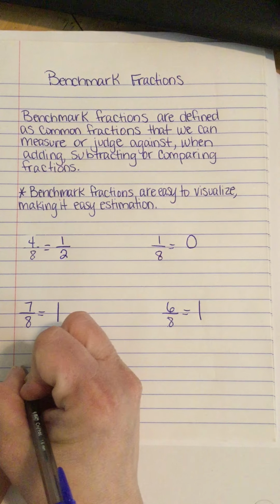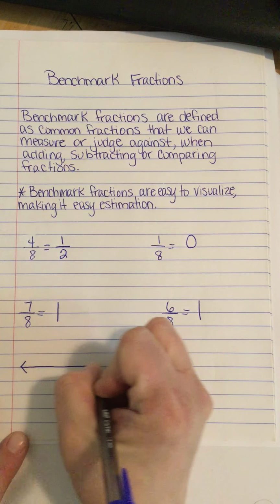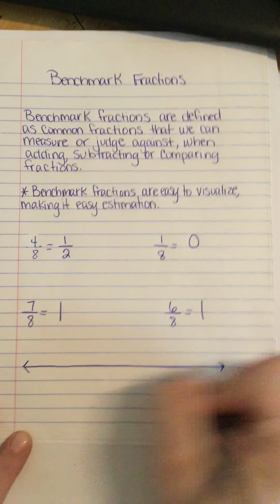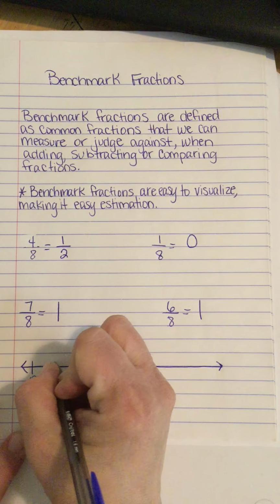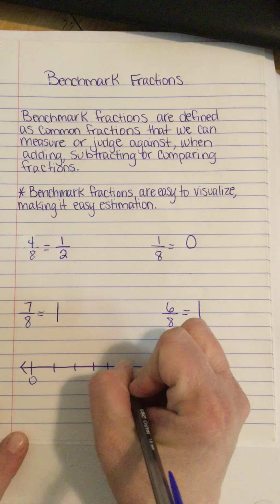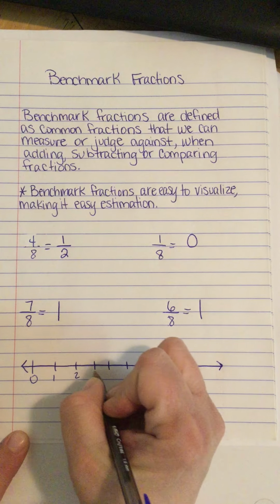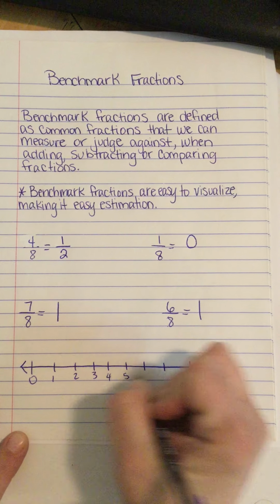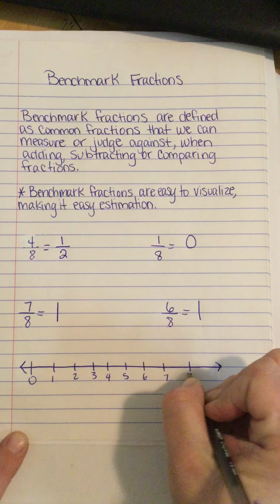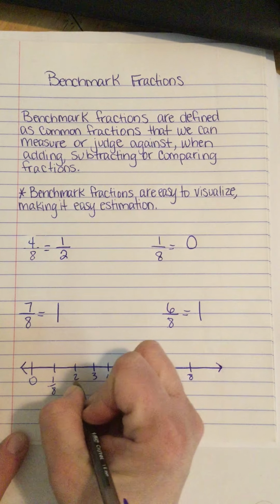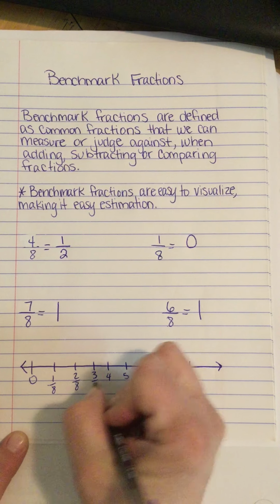Okay, so here's what it would look like if you put it on a number line. 1, 2, 3, 4, 5, 6, 7, 8. So this is 1 over 8, 2 over 8.